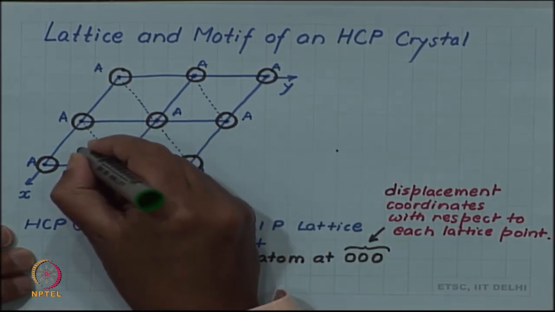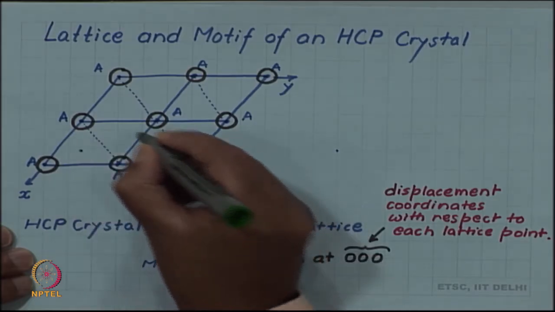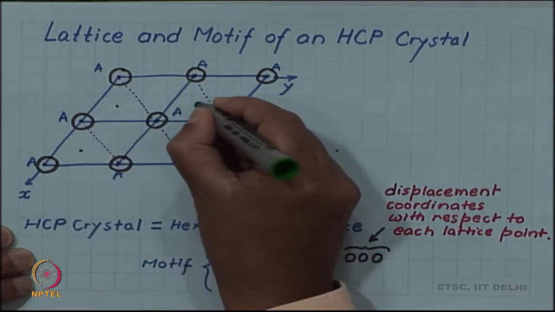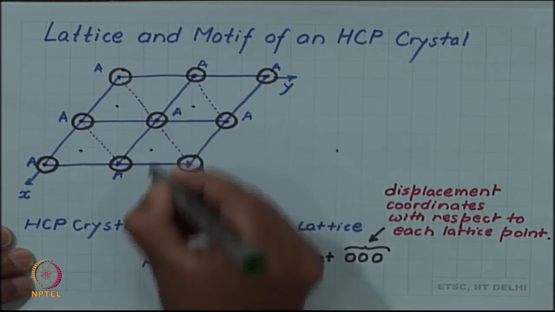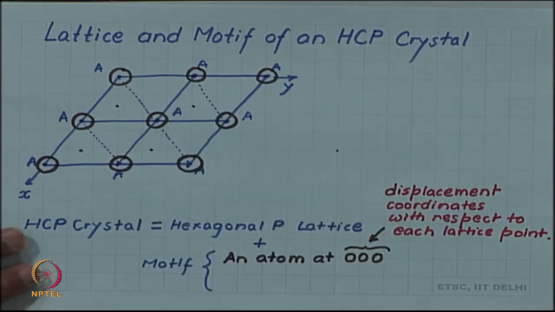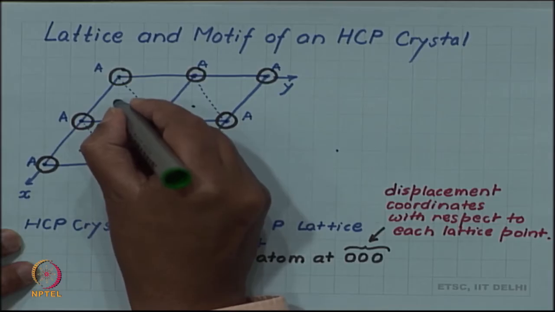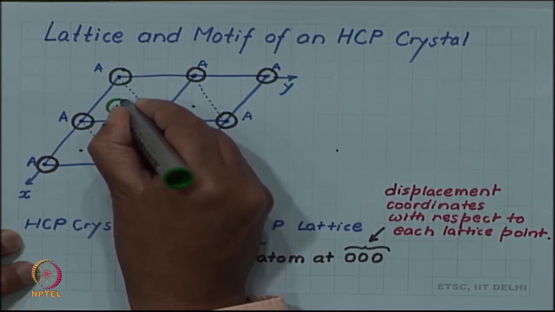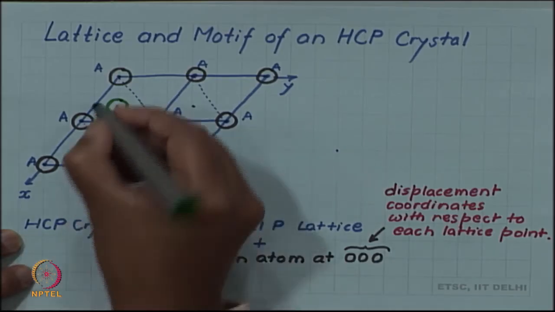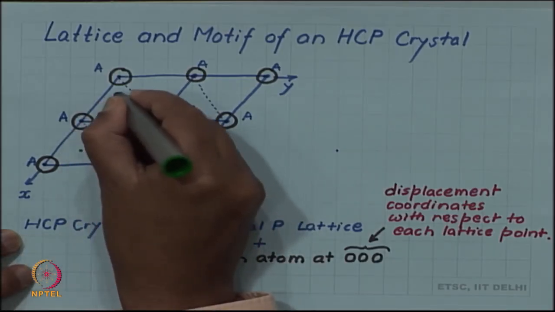So, I locate the centroid of the up triangles, let us say, as my B sites. So, I place an atom at one of these B sites, let us say this is my B atom.